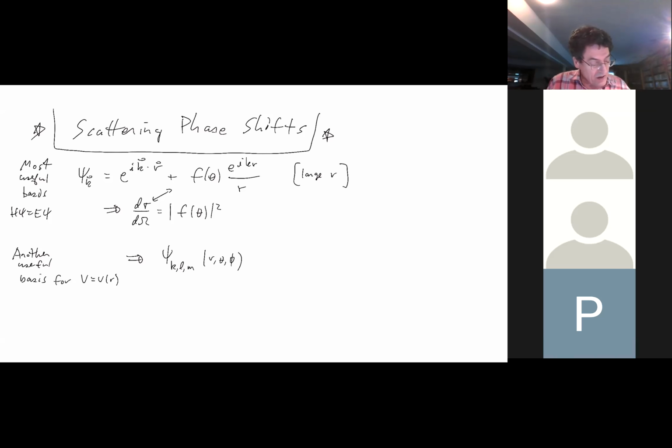The wave function is the radial part times the spherical part, Y_lm. And this is a basis that has well-defined angular momentum.